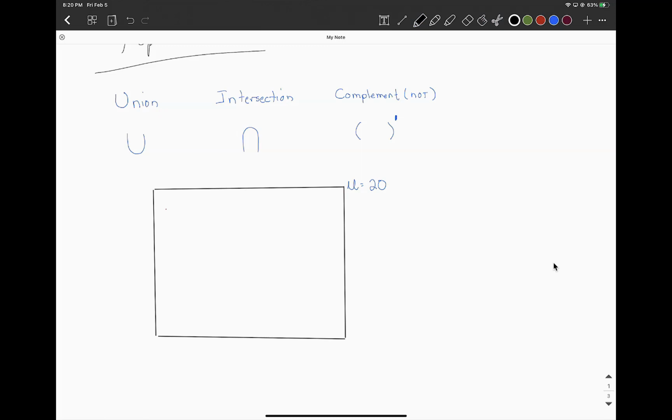In this universe, I'm going to have one set and a second set. Instead of writing in individual elements, quite often in these diagrams we just include the total. So if I put 5 people here, 4 people here, and 6 people here, I can just say there are 5 elements, then 4 elements, and then 6.